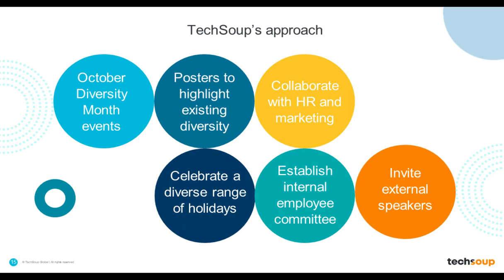And just to give you a quick spoiler alert, neurodiversity was a term that was coined several years ago, but it was around autism. So at TechSoup, what we did is we took the term neurodiversity and we kind of stretched it, because we understand that although someone may not be autistic, they may be dealing with bipolar, or they may be dealing with Alzheimer's, or any situation like that.